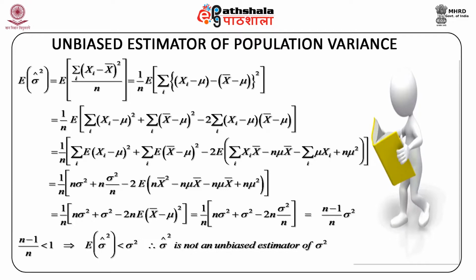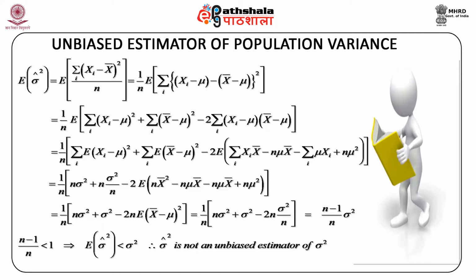Now this on simplification comes out to be equal to 1 by n into the expected value of the sum of (xi minus mu) square plus the sum of (x bar minus mu) square minus twice the sum of (xi minus mu) into (x bar minus mu).